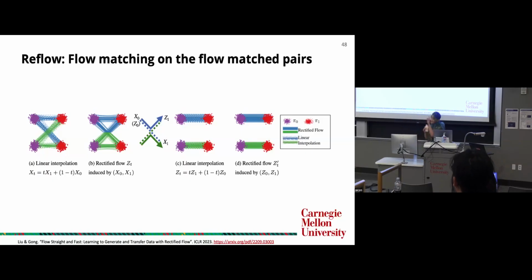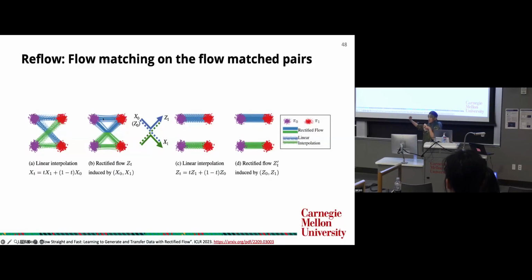Explain again? Okay, one more time. So this is your first time flow matching. After computing all the linear interpolations, you get this slightly dipped version of the marginals, right?